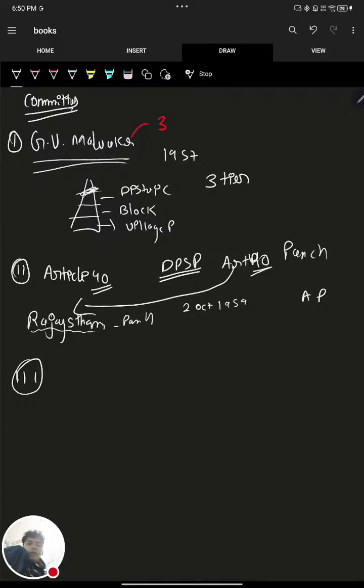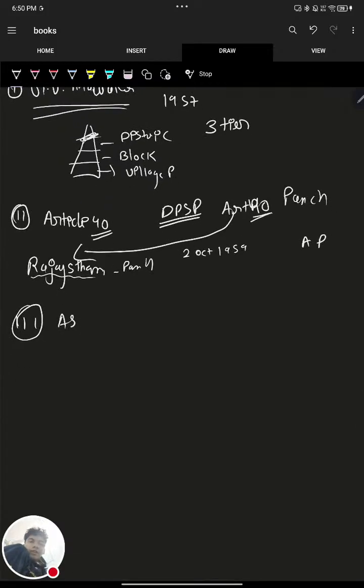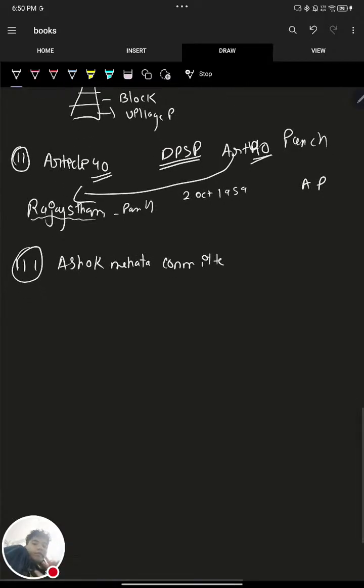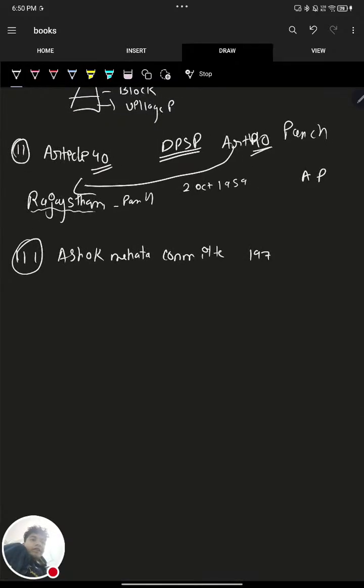Now I'm going to tell you the two-tier committee, which is the Ashok Mehta committee. The GV Malvekar committee was in 1957. Now we went 2 years ahead to 2nd October, Article 40. Then for the Ashok Mehta committee, we go from 1957 to 20 years ahead, which is 1977.